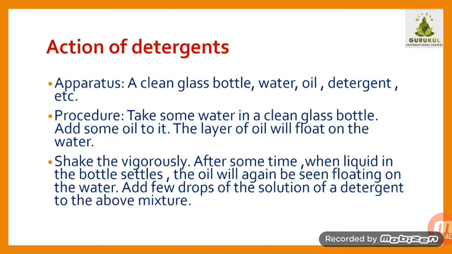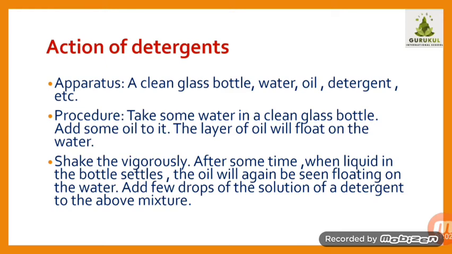Then what do we have to do? Take some water in a clean glass bottle and add some oil to it. Now whenever we add oil to water, you know very well that a layer of oil is formed and it will float on the water. Now what do we have to do?